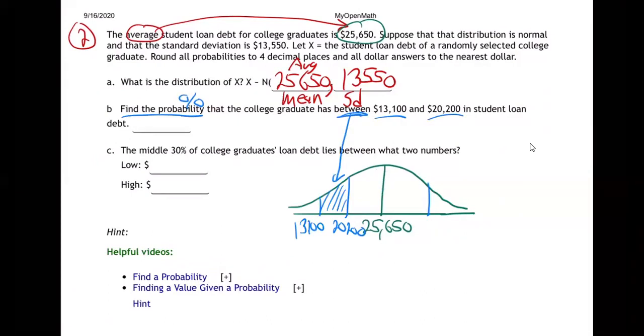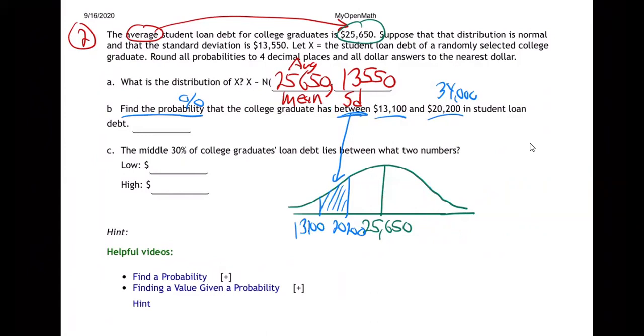If they give you numbers to the right of the middle, put them to the right. If they give you numbers to the left, put them to the left. They could give it any which way. They could have made my other number 34,000, and then I would have put 34,000 over here and shaded all the way to 34,000. So you just shade between the left and the right numbers.